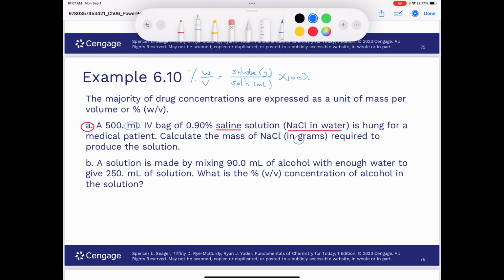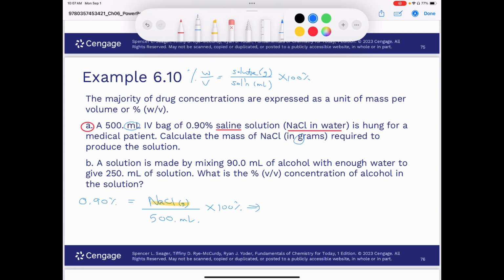So they're telling us that we have a 0.90% saline solution. We're looking for the number of grams of sodium chloride. I'll just call it X. I could just put sodium chloride mass in grams here, divided by the entire volume, which is 500 milliliters times 100%. And so all we have to do is solve for the mass of the sodium chloride.